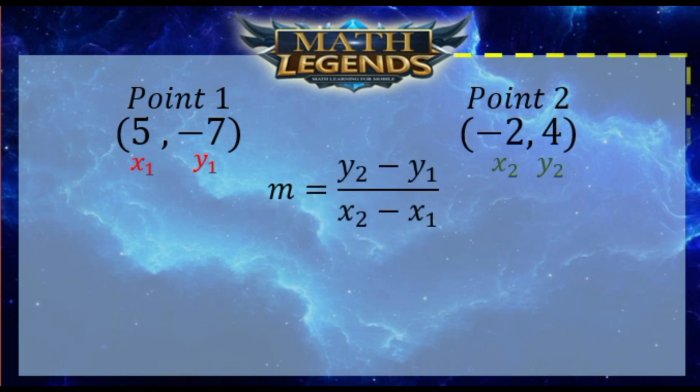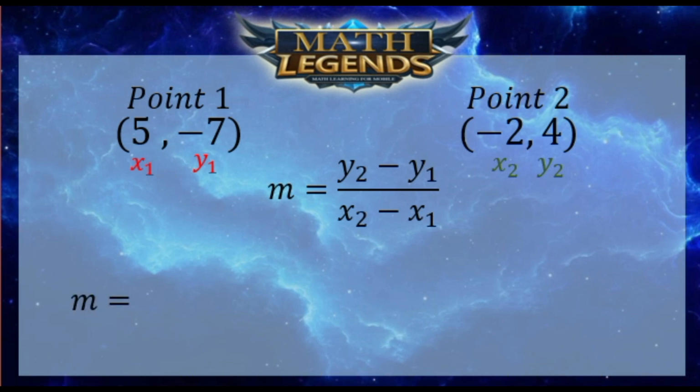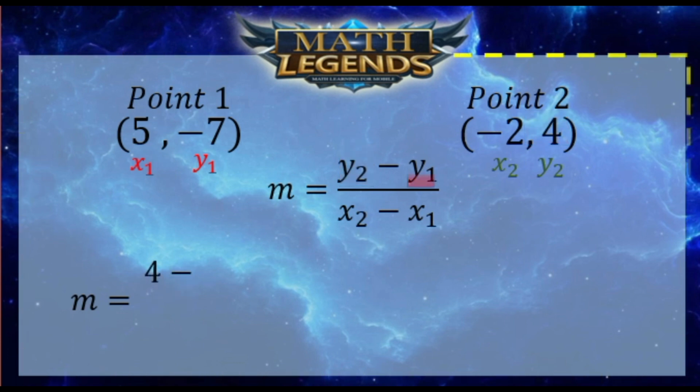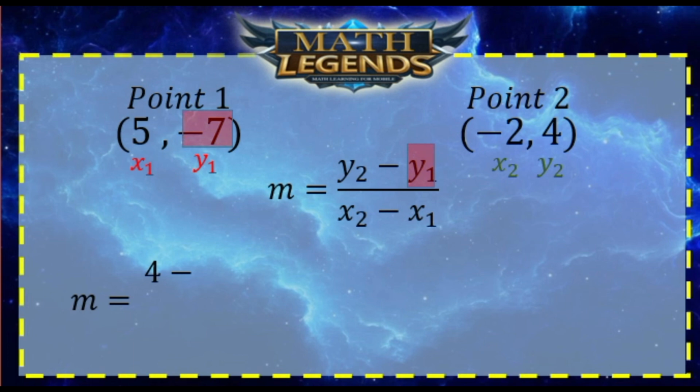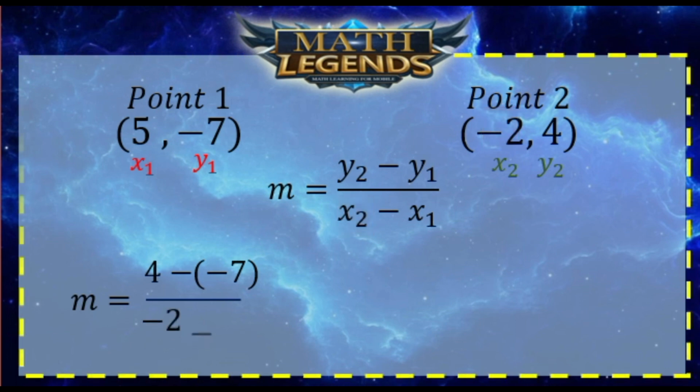Given the formula, y sub 2 minus y sub 1 all over x sub 2 minus x sub 1, we have the slope, wherein y sub 2, that is 4, minus y sub 1, that is negative 7, all over x sub 2, that is negative 2, minus x sub 1, that is 5.